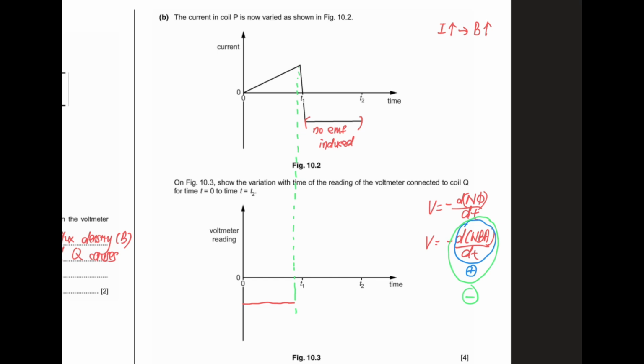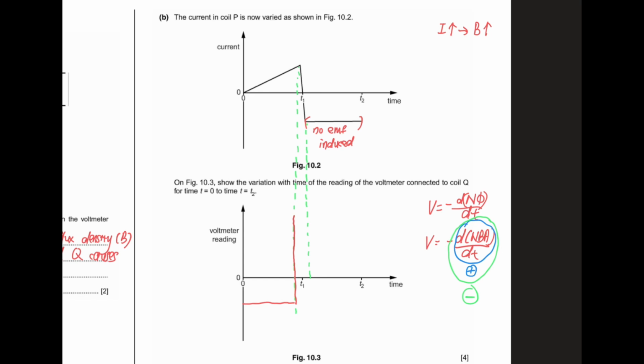So at the end, the V should be positive. So here to here, this is a little bit after T1 already. A little bit after T1, the gradient is negative, then negative, it becomes positive.